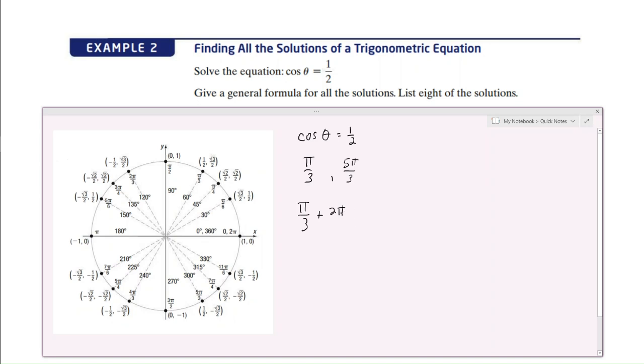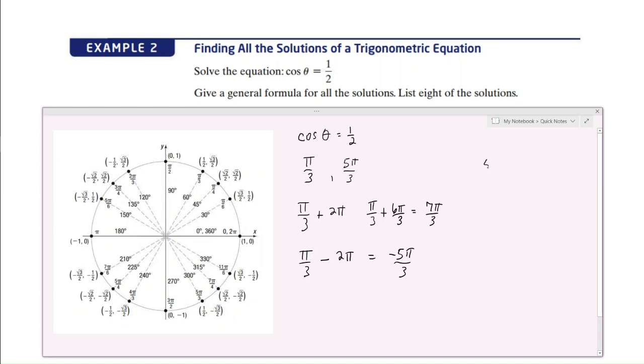So if I write this as pi over 3 plus 6 pi over 3, I can see that's 7 pi over 3. I can also see that if I take pi over 3 minus 2 pi, I'm going to get negative 5 pi over 3. Just all sorts of solutions here.